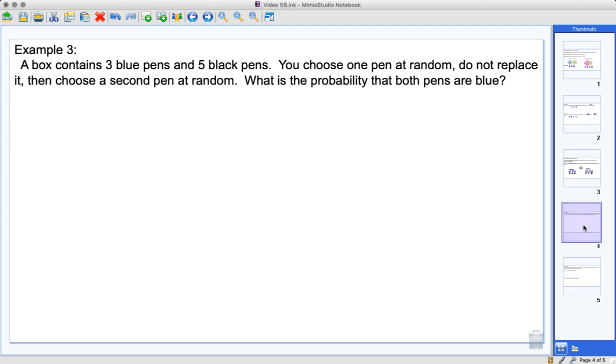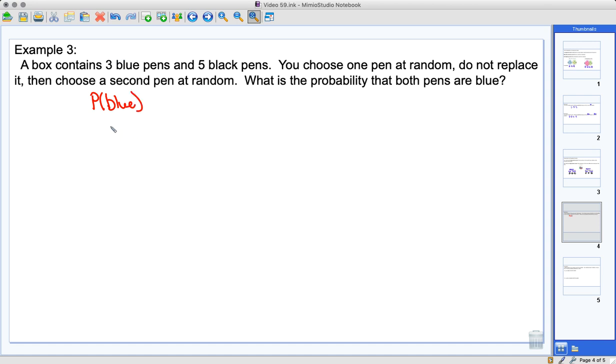Okay. All right, so we've got a box contains 3 blue pens and 5 black pens. You choose one pen at random, do not replace it, then choose a second pen at random. What is the probability that both pens are blue? Okay, so let's figure this out. So probability of a blue, the first one.